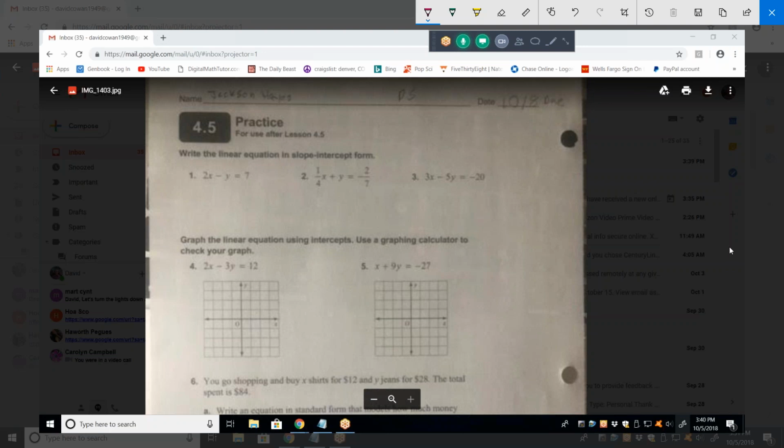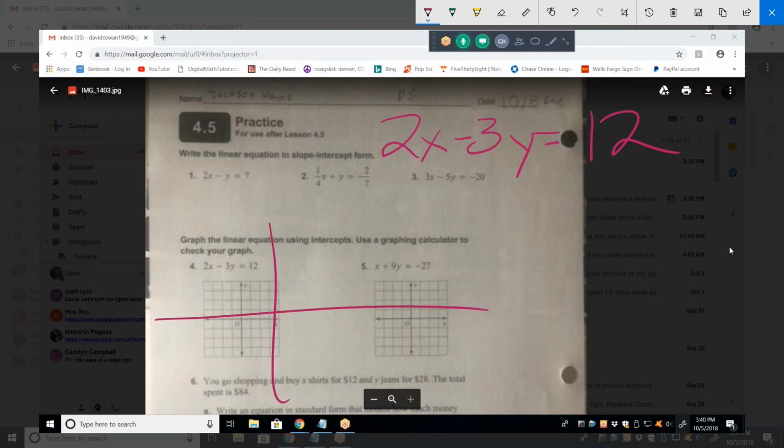We won't need to do that. Let me tell you what they're talking about by using intercepts. If I have a graph, and that graph goes through there, that's the intercept. If I have a graph that goes through there, I've got a y-intercept, and I have an x-intercept.